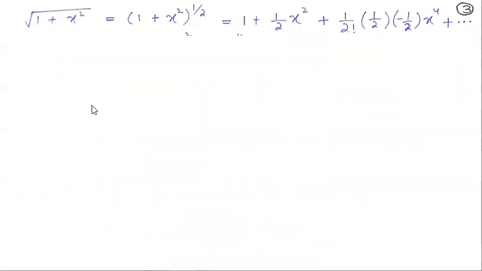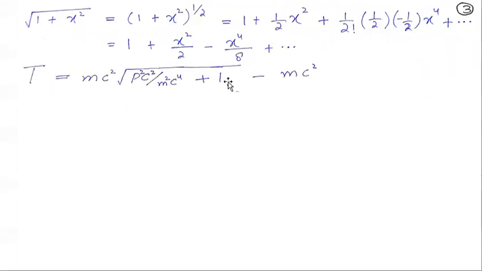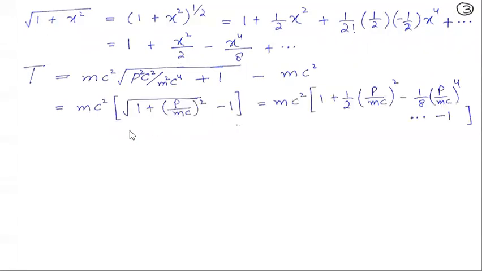Now the calculation is very simple. So this is our binomial expansion. I use this binomial expansion in my kinetic energy. I take common m square c power 4 from the square root term, and one more common will lead us to this expression. Now I use this binomial expansion. Simply replace x with p over mc.